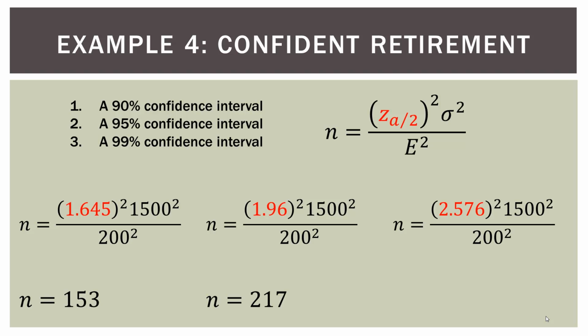So we would take many samples over and over again of size 217, and 95% of them would contain the actual population mean. Now, what about 99%? Well, in this case, our sample size would have to be 374. So given the margin of error of $200, we would say that 99% of those contain the actual population mean.